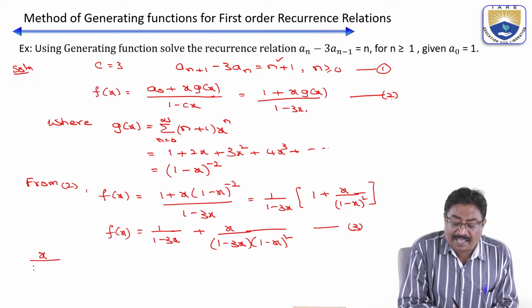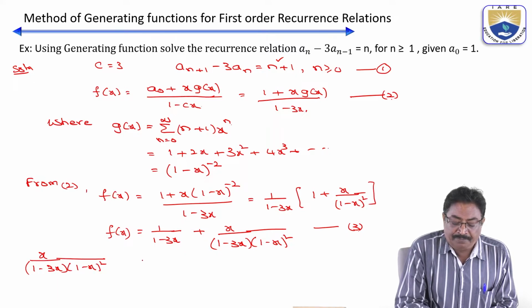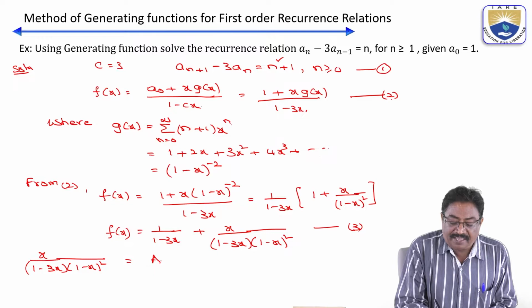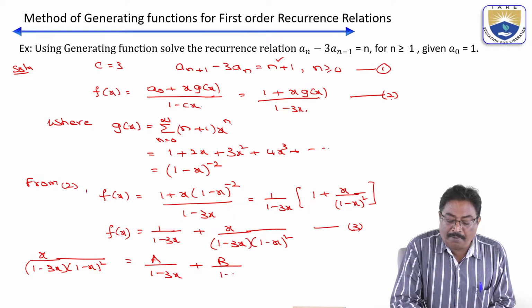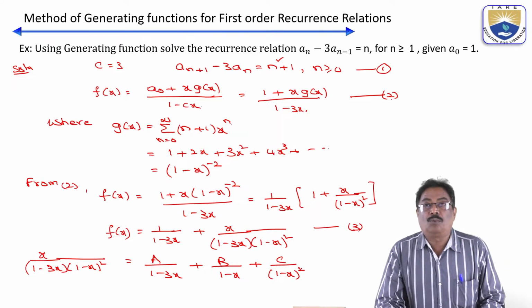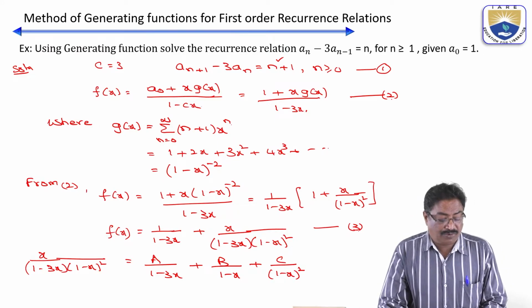Then I am going to take it as 1 minus 3x and then 1 minus x whole square. This can be considered as a by 1 minus 3x plus b by 1 minus x plus c by 1 minus x whole square.